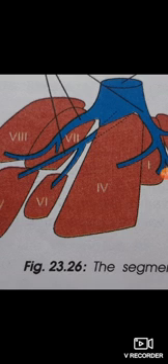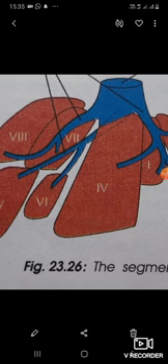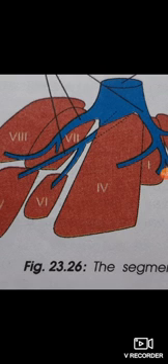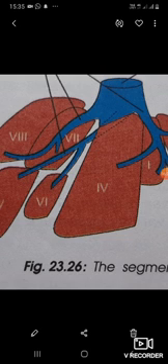Each radical contains a bile ductule, a branch each of portal vein and hepatic artery. Central vein lies in the center, and all around the central vein are the liver cells or hepatocytes in the form of laminae. On one side of the lamina is the sinusoid, and on the other side is a bile canaliculus.